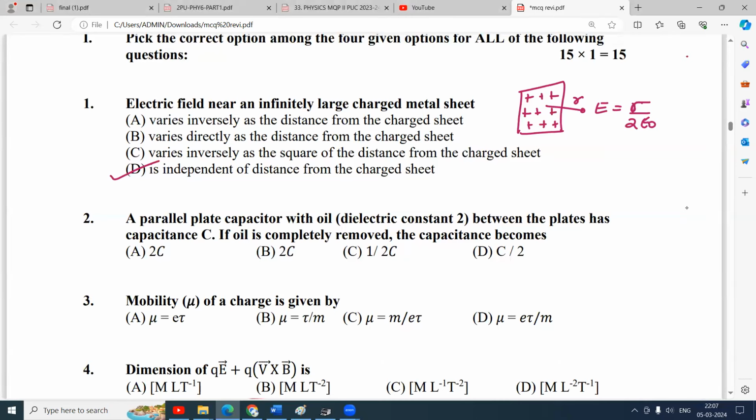That height doesn't matter at all because the sky is infinitely large, so it looks similar at both points. Similarly, for an infinitely large charged metal sheet, the electric field at different points very close to it is almost the same. It is independent of the distance from the charge sheet.